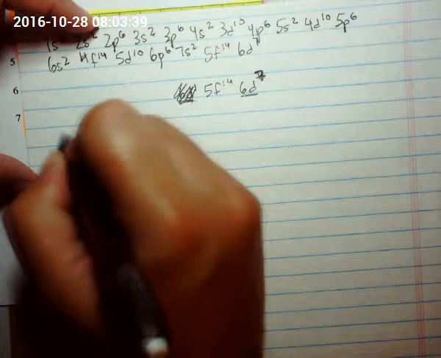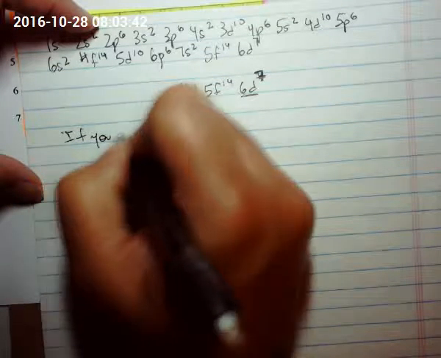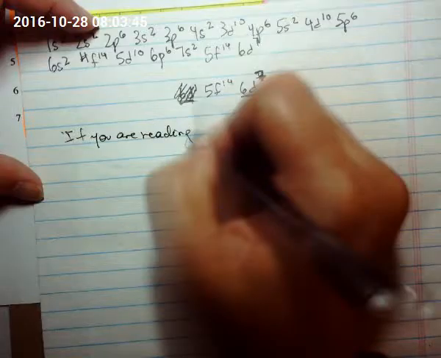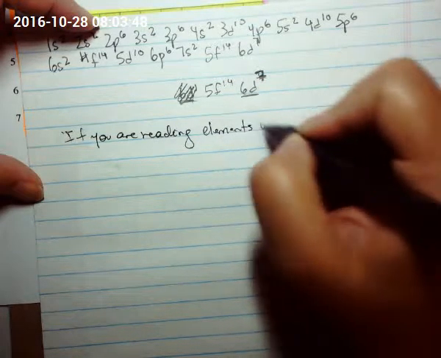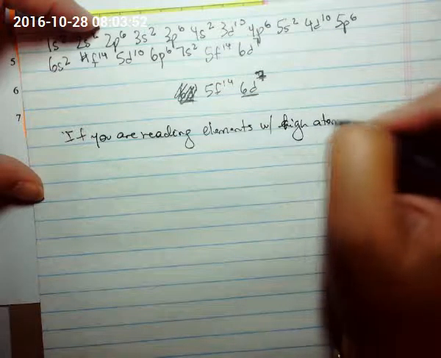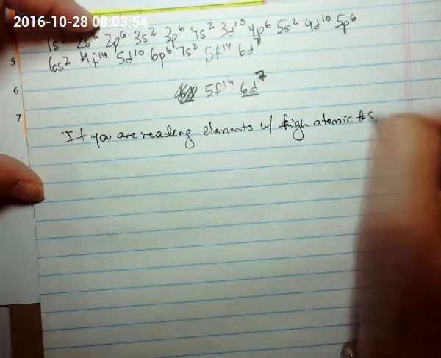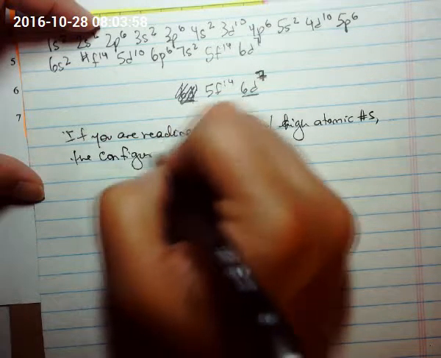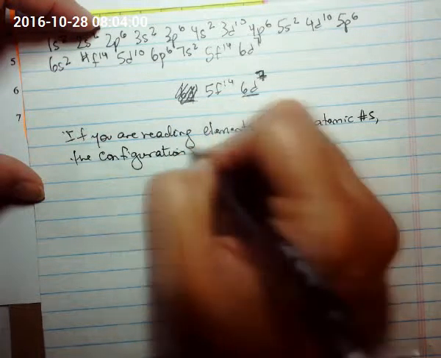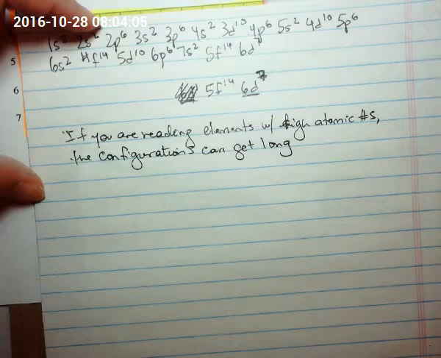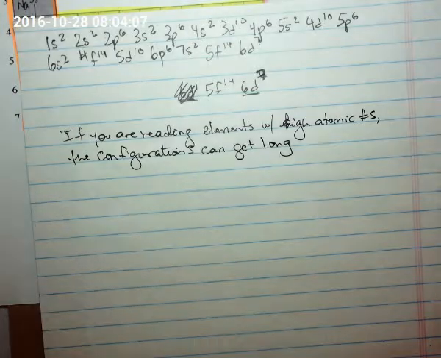So, if you are reading elements with high atomic numbers, the configurations can get long. And it would be really easy, if you're writing a really long configuration, to mess up.